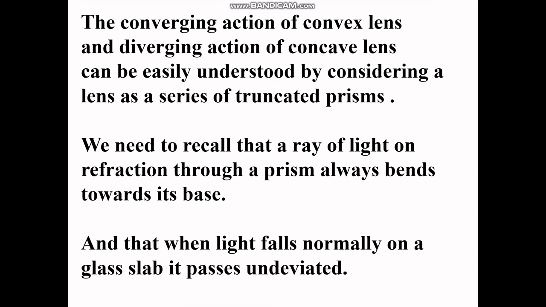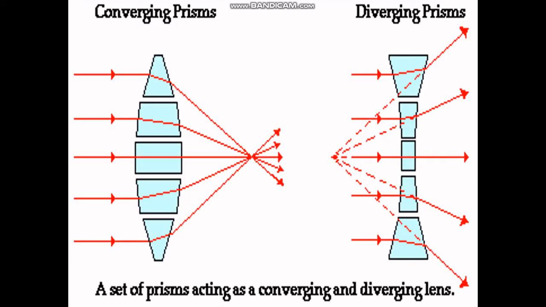And when light falls normally on a glass slab, it passes undeviated. Now observe this. Over here, the convex lens has been subdivided. If you see this, this is more or less like a prism in this manner, and this is also a sort of a prism in this way. And this is a glass slab. These are prisms with their bases opposite to the previous ones.